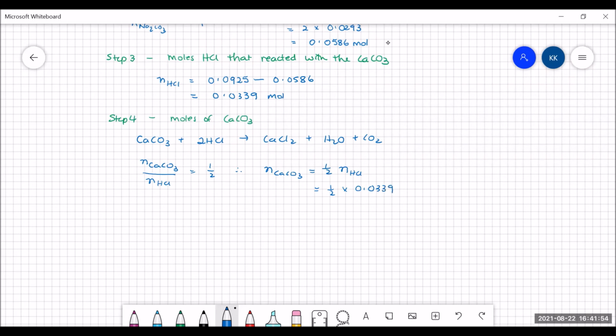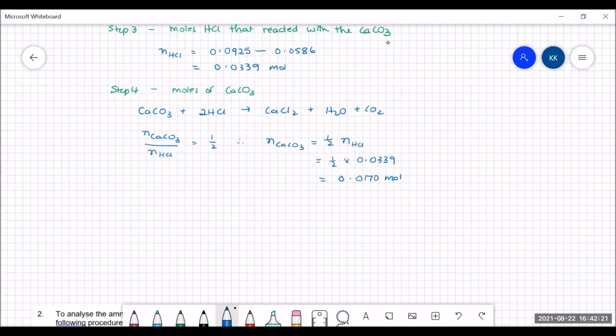But you're not going to use 0.0339, you're going to use the full answer in your calculator. And this is going to give us 0.0170 moles. Now you might go, fantastic, now I've found the moles of calcium carbonate. But that is not what the question asked for. The question asked for the percentage of calcium carbonate. So you're going to need the mass of calcium carbonate for that.